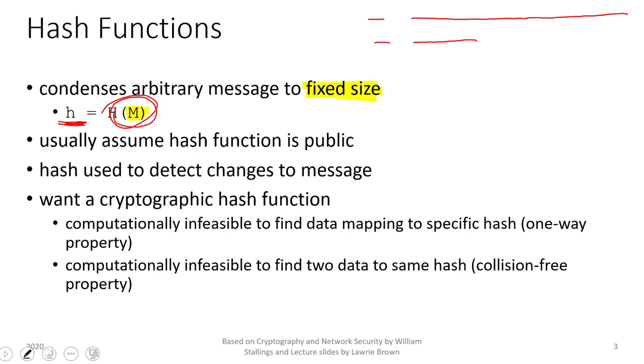And the other thing is, normally hash functions are assumed to be public. There is no notion of private or secrecy here. Everybody knows the hash function, and we use it as a sort of public function. So there is no secrecy about these functions.